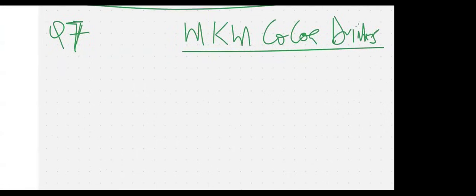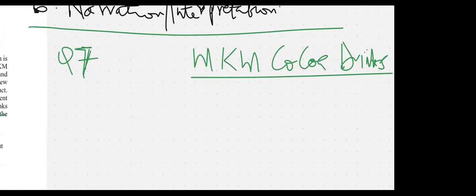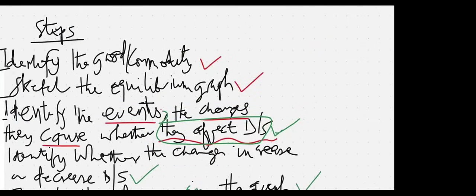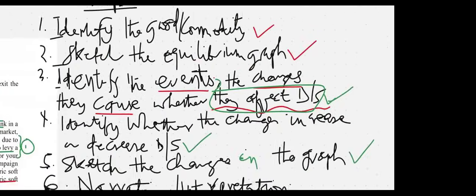I get it. Then what's the next step? Because you sketch equilibrium graph.